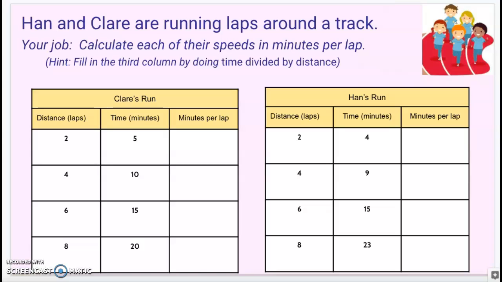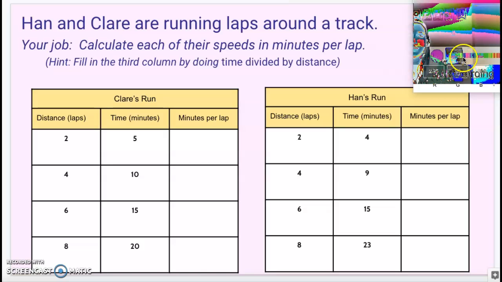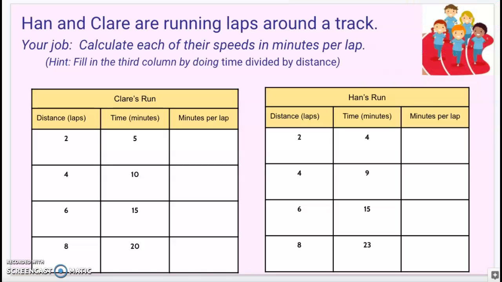We talked about how Han and Claire are running laps around a track. And you were asked to calculate each of their speeds in minutes per lap. And again, remember, to figure out that multiplier, because the multiplier, how do I multiply 2 times what is 5?